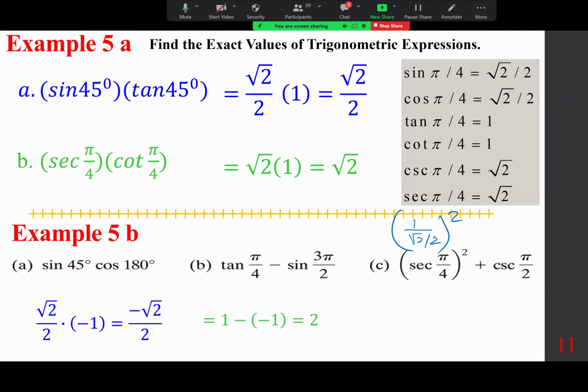Cosecant pi over 2 is the same as 1 over sine pi over 2. We know sine of pi over 2 is 1. Its reciprocal is also 1. So this gives you 2 plus 1 makes it 3.